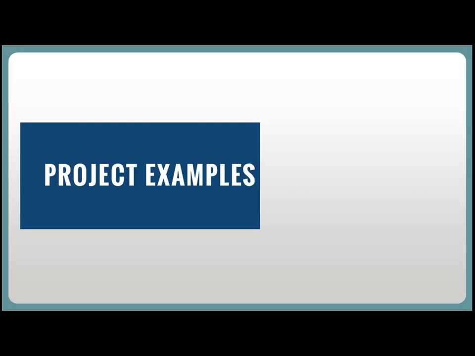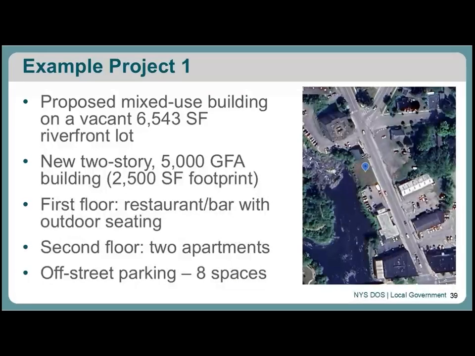So the first step in the process, which we're going to cover in these examples, is looking through zoning to understand how you would apply specific projects using local zoning.